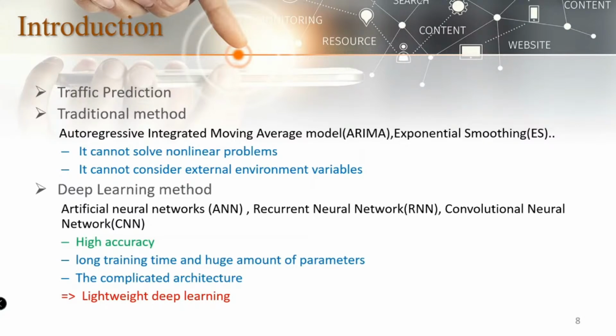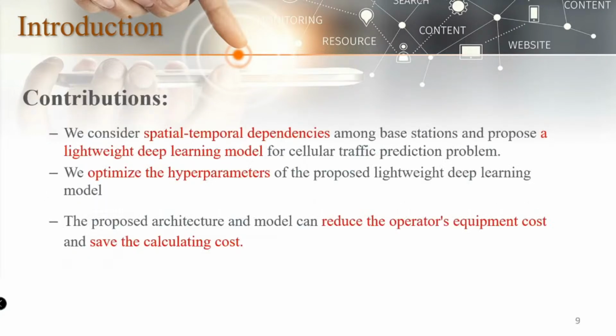Therefore, a lightweight deep learning model is a suitable solution. Deep learning models can be compressed by methods such as pruning, quantization, joint training, and distillation. However, different deep learning model compression methods are suitable for different problems. In this research, we aim to develop a lightweight deep learning model for the cellular traffic prediction problem. There are three main contributions of this research.